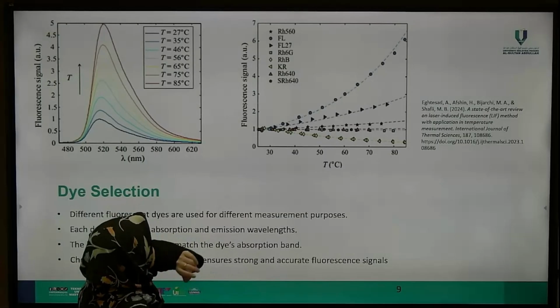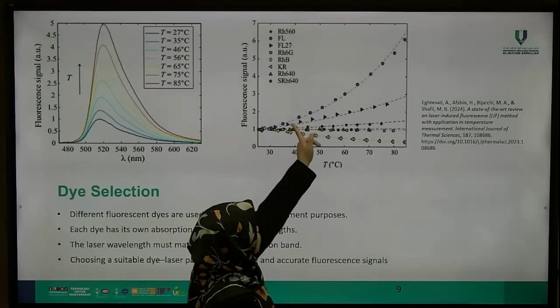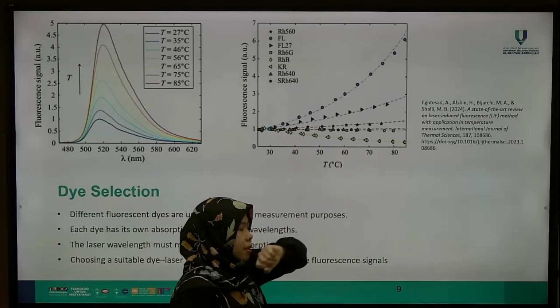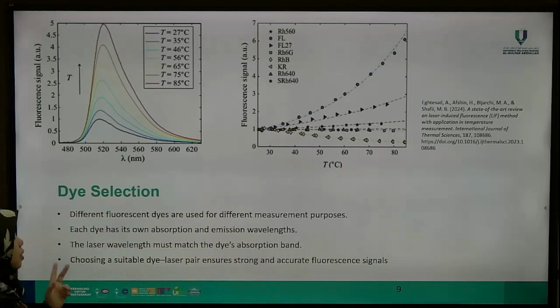So usually people will use fluorescein or rhodamine B because these two give you the better results, because the trending is more obvious and visible.